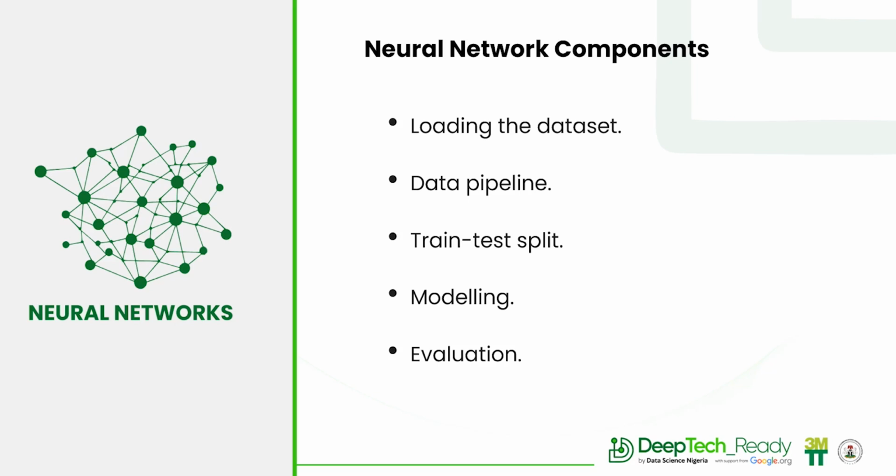In some cases it's not just train and test, it's train, test, and validation, whereby you have a chunk of the data for training, maybe 60%, 40% for testing, and then validation of what you've tested, so as to know if your system generalizes based on the metrics or the performance of the system. We have different types of metrics: accuracy, precision, F1 score, and some other metrics to evaluate the performance of the system.